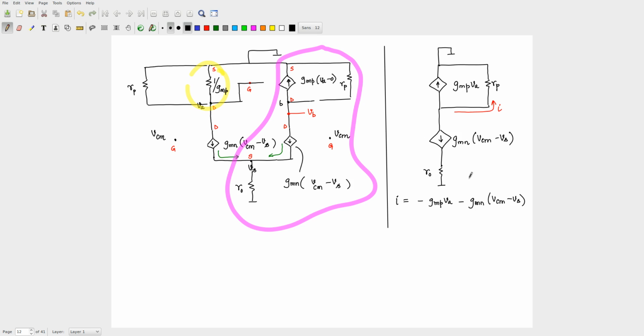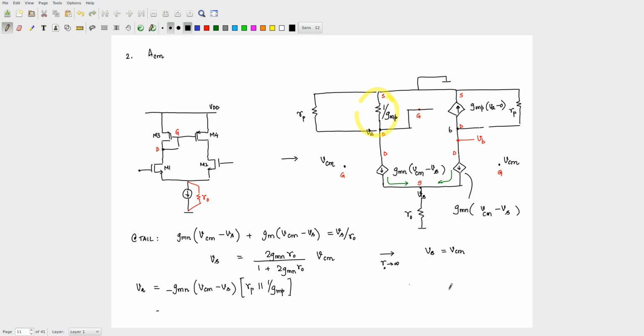We just keep bookkeeping. All right, and my Vb itself would be equal to I times Rp. Okay, now let me take Va from the previous page, and now let's solve all of these things in one place.